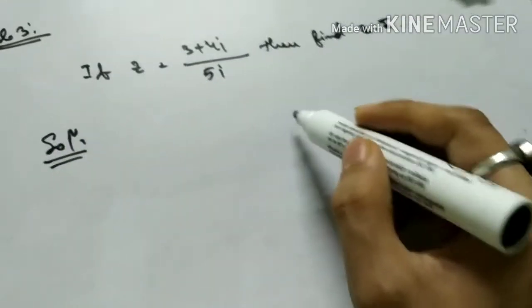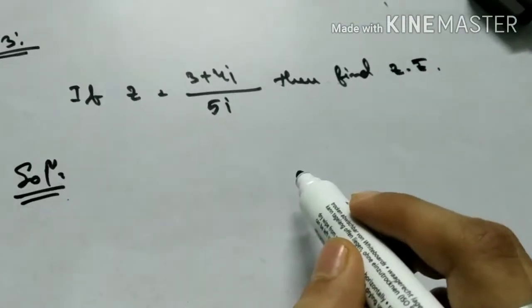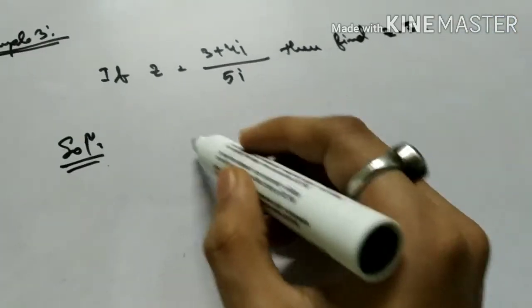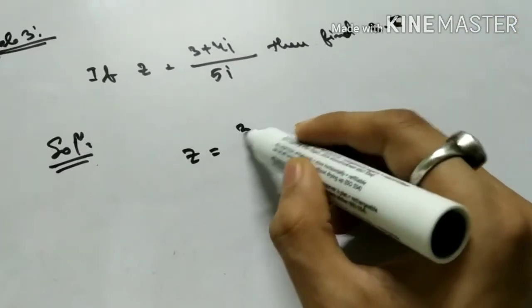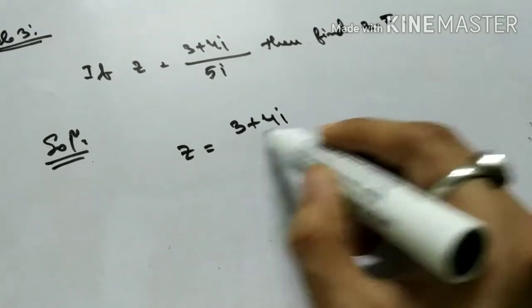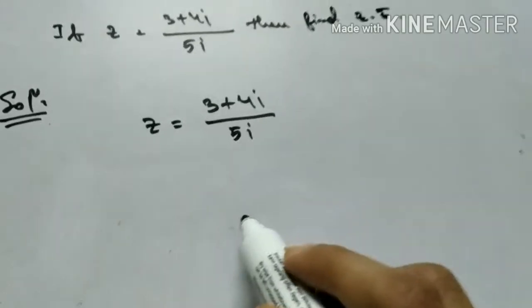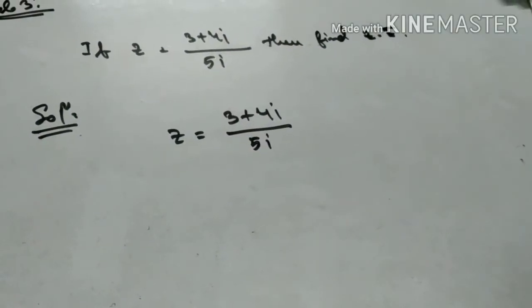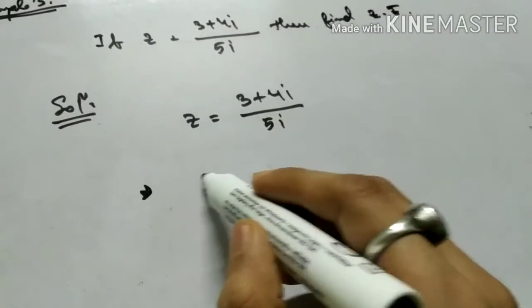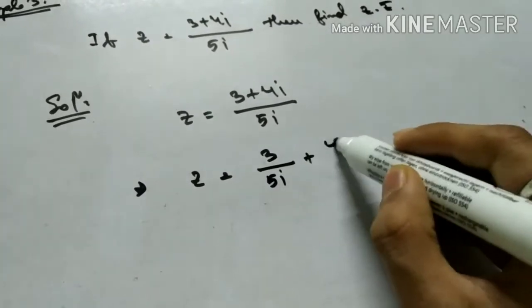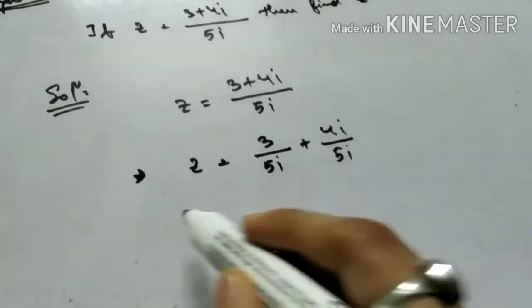So, solution. Here it is given that Z is equal to 3 plus 4i by 5i. I can write this as 3 by 5i plus 4i by 5i.